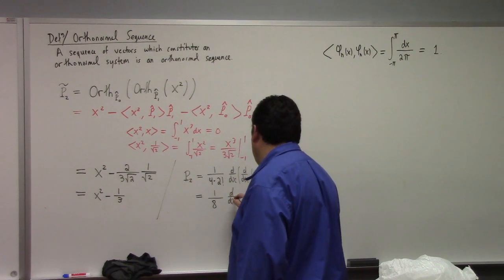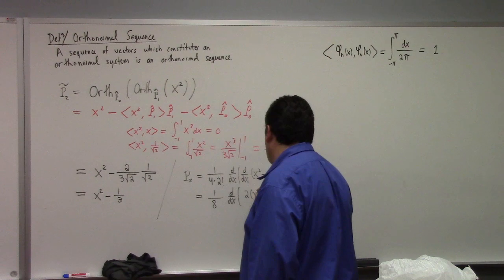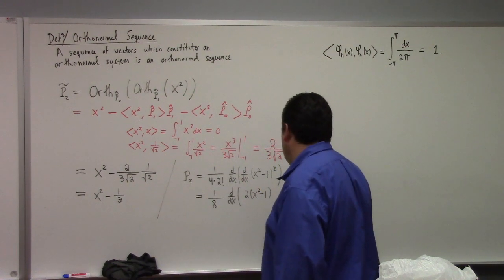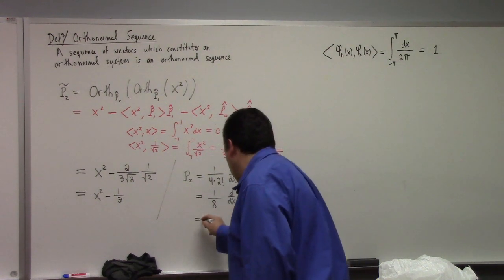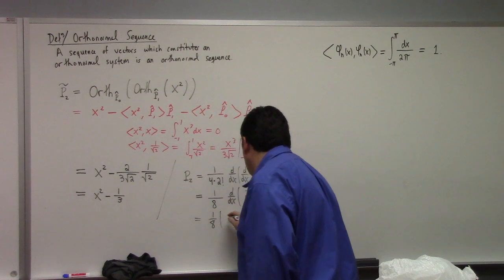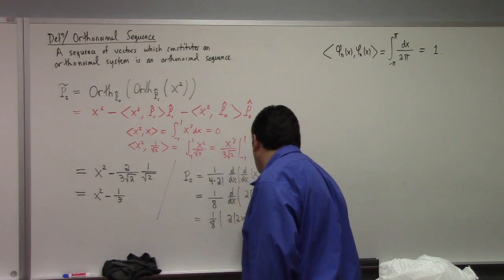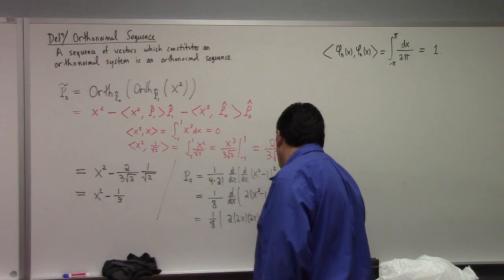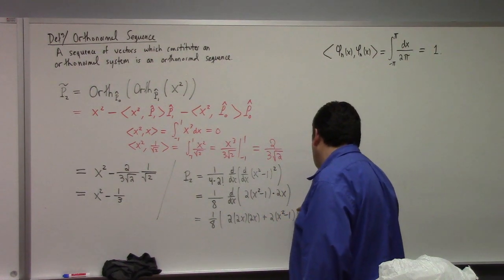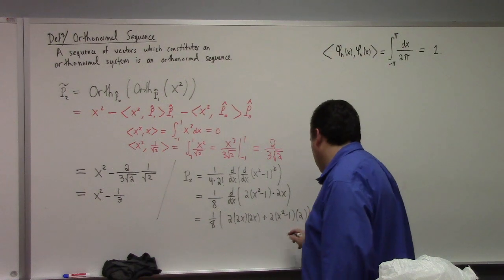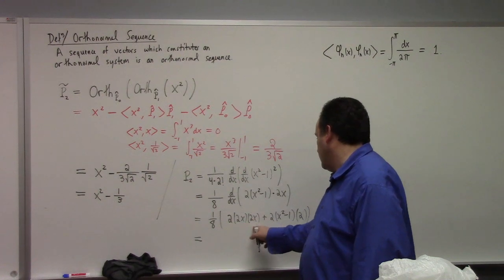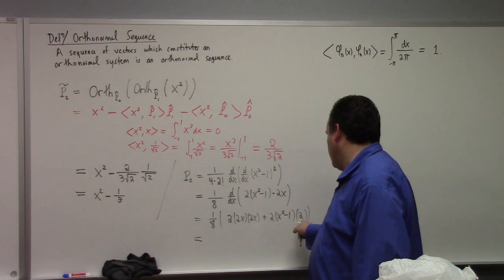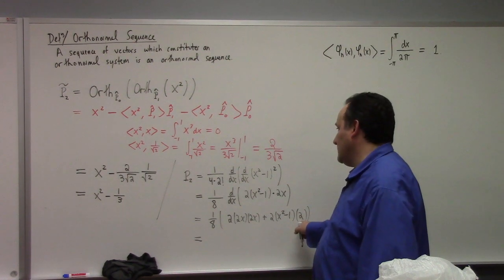d/dx of 2 times (x squared minus 1) times 2x, very good, which is 1/8 of 2 times 2x times 2x plus 2 times (x squared minus 1) times 2, which gives us 8 plus 4, 12 over 8.